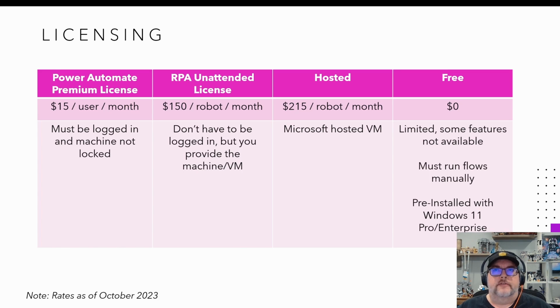And if you want Microsoft to provide the VM for you, then it's $215 per robot per month. Again, that's unattended as well. So that's the current version of the licensing for Power Automate Desktop or RPA, and that's pretty much it.